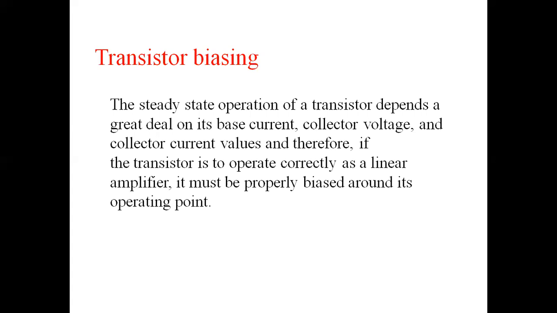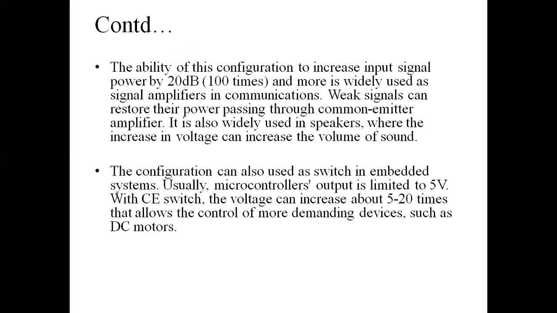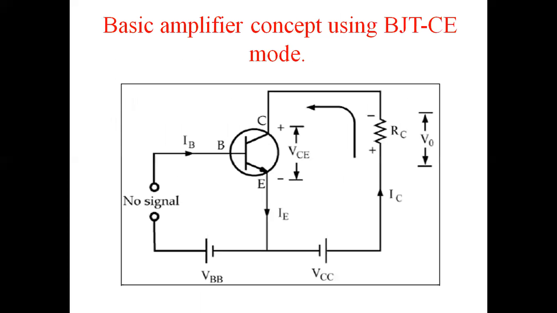The transistor has two regions: the base emitter region is considered the input region and the collector emitter region is considered the output region.